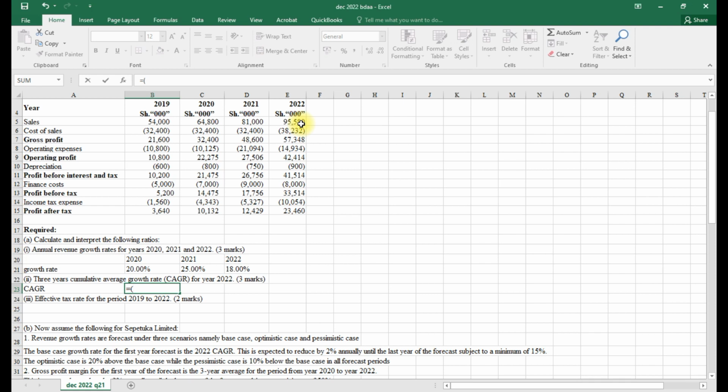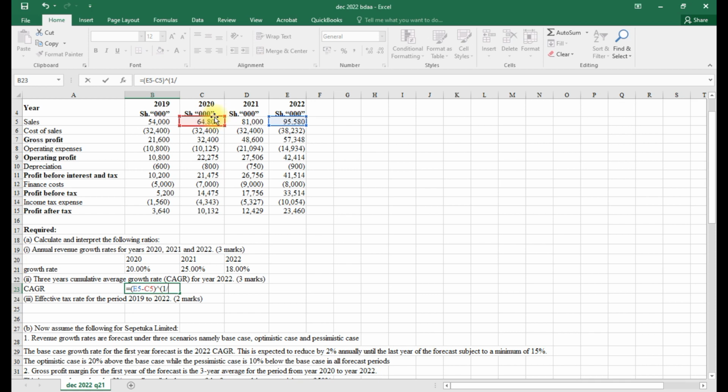For CAGR you raise to the power, so raise to the power, bracket, 1 over how many years?